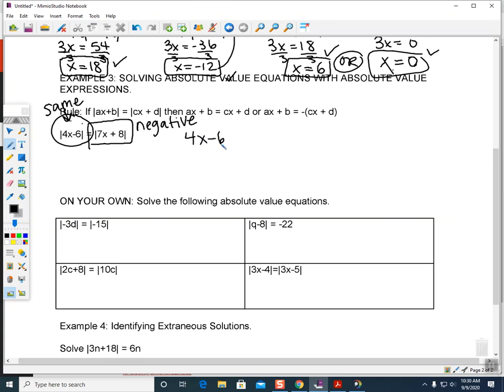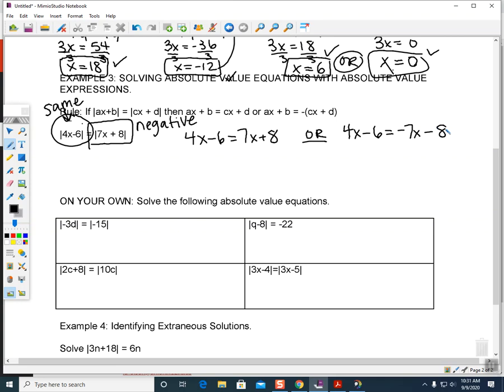I will have 4x minus 6 equals 7x plus 8, or I'm going to keep this the same, 4x minus 6. I need to make this next one negative. So to make it negative, I need to multiply the whole thing by negative 1. So I've got negative 7x minus 8. I'm making the whole thing negative.